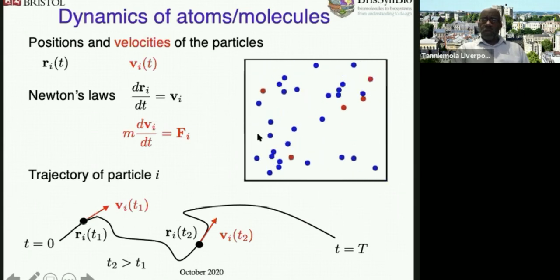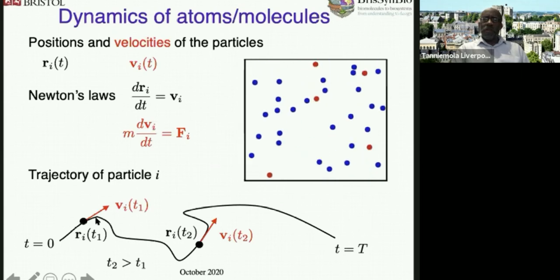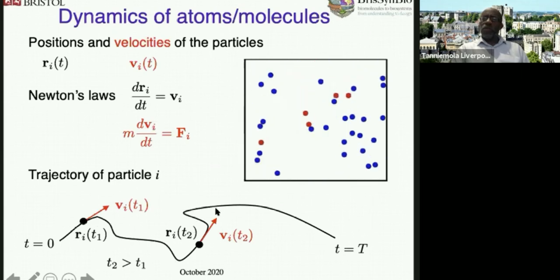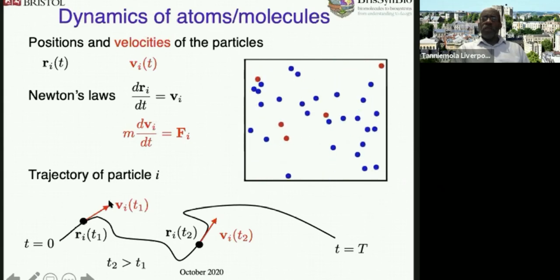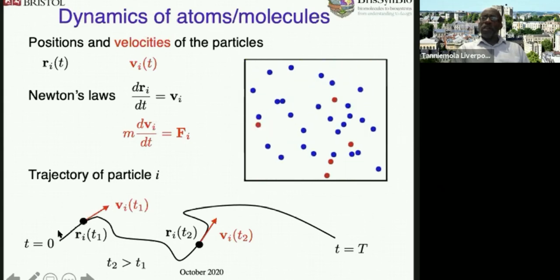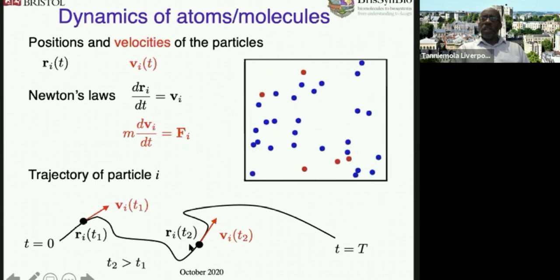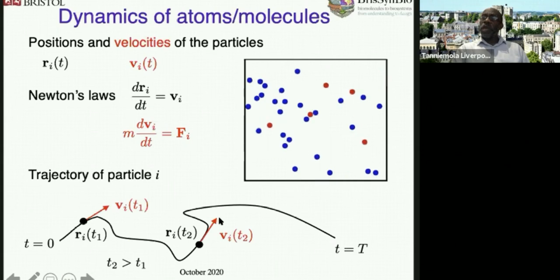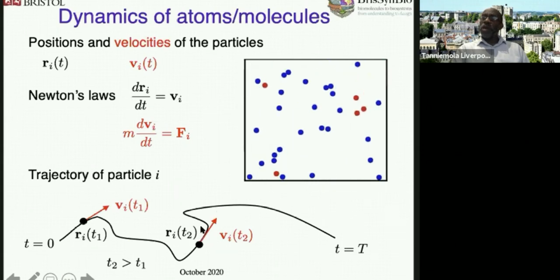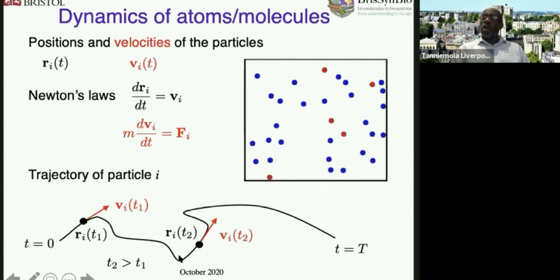If we took any of these particles and followed it directly, we would see that it would follow some curve. At some time t1, it has position r1 and it's moving with velocity v1, which is the tangent to the curve, and then at some later time t2, it's moving with velocity v2, again directed along the tangent to the curve.